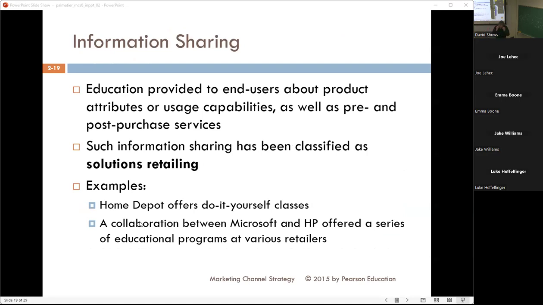The last is, and the one that I talked about, which may be the most important, is information sharing.